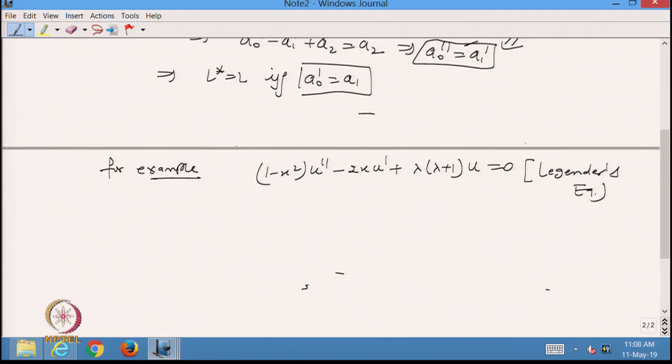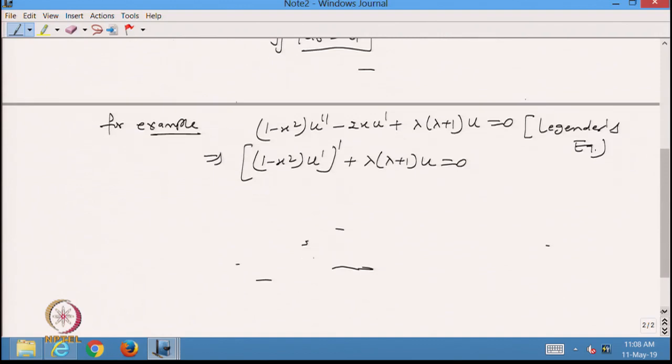In this case this is my A naught(x), and this is my A1. You can see that A1 is the derivative of A naught. So I can write this equation as ((1 - x square) u dash) dash + (lambda + 1) u = 0.